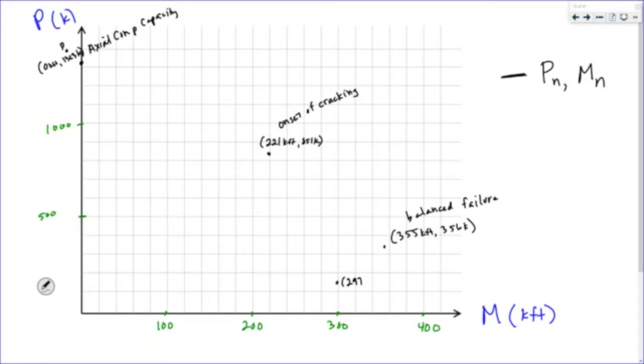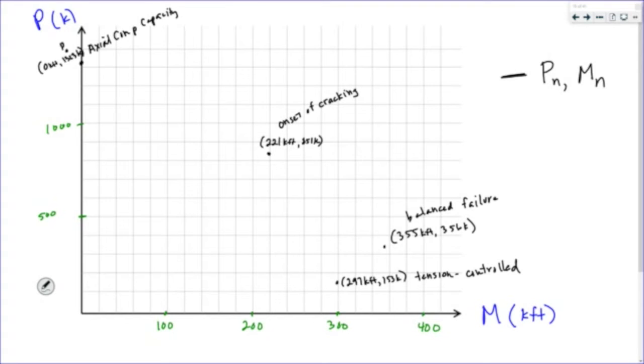And this is tension controlled. That means I've gone beyond yield in my tensile reinforcement, and my extreme tensile strain, epsilon T, is the yield strain plus 0.003, so that I can use that phi of 0.9. Of course, so far we haven't added phi in, right?